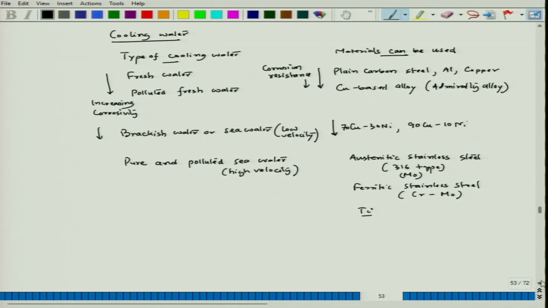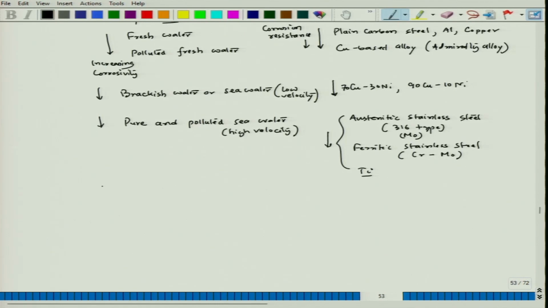Now, so that means you could see this particular range, still they are having much higher corrosion resistance, and remember the corrosion resistance is actually increasing as we go down in this particular table. So, further the corrosion resistance increases and corrosivity of course increases further as we go down. The final one, we can have polluted seawater with low velocity or even stagnant.